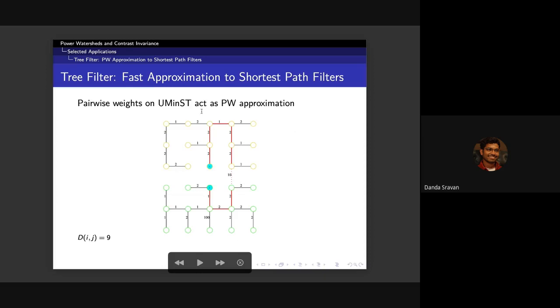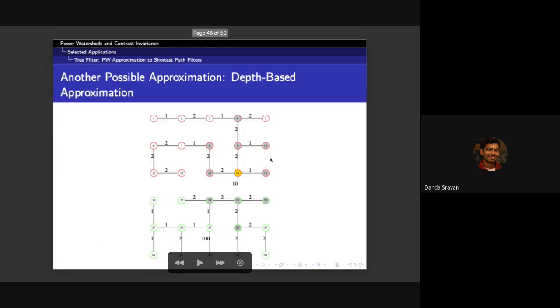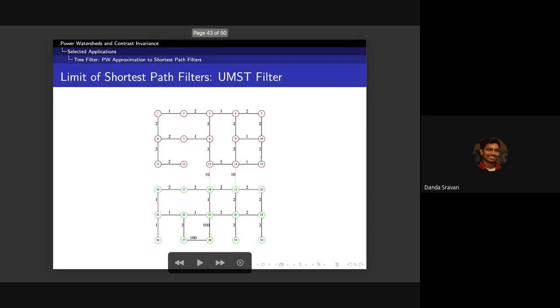It so happened that this is an approximation to the exact limit, which in fact depends on the union of minimum spanning trees that I have. Looking at this, we could figure out two other ways to do an approximation.